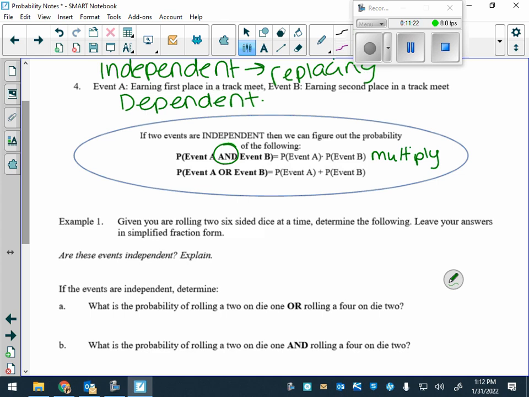If you wanted to find the probability of event A or event B occurring, you would add. So if there are two independent events and you want to find the probability of either them both occurring or event A or event B occurring, you could either multiply or add.